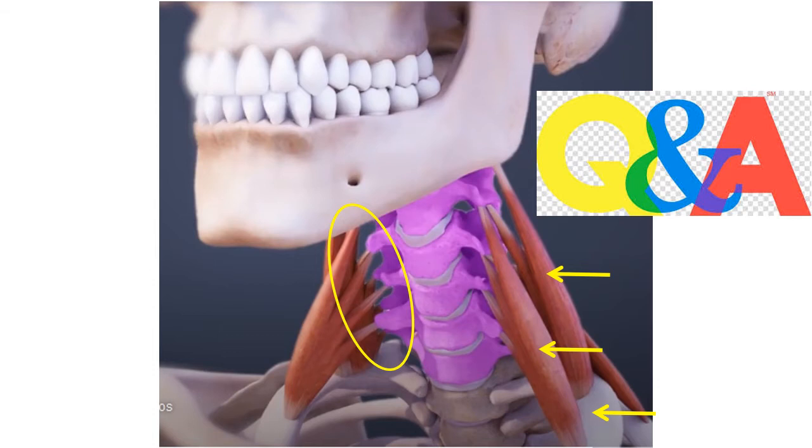And then a little bit posterior to it we have scalenus medius, which is also attached to the first rib, a little bit posterior to the anterior one. And then the scalenus posterior is not attached to the first rib, it is attached to the second rib.